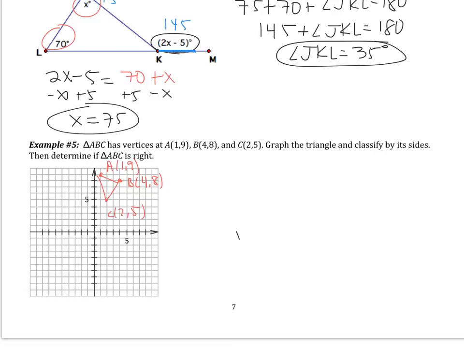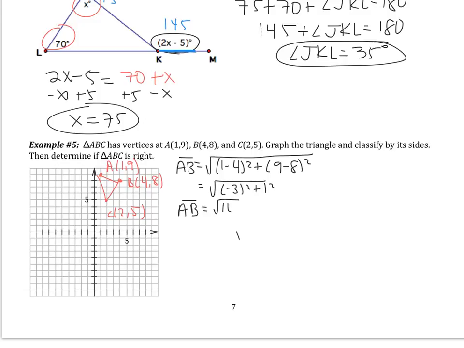Okay, first, to classify by sides, we already talked about you're going to have to do the distance formula. So for AB, I have 1 minus 4 squared plus 9 minus 8 squared. This becomes negative 3 squared plus 1 squared. So AB is the square root of 10.